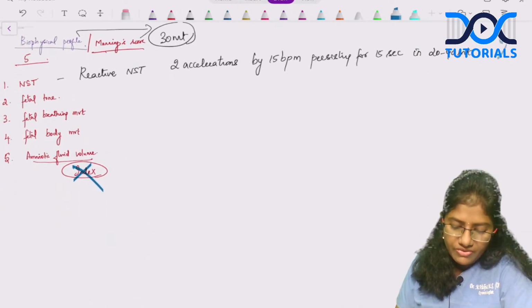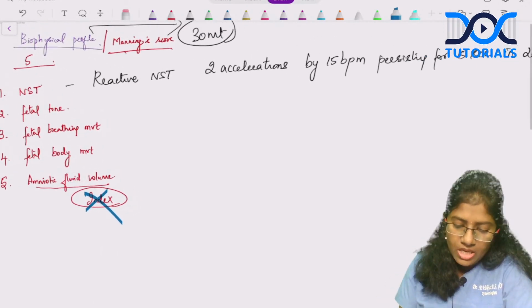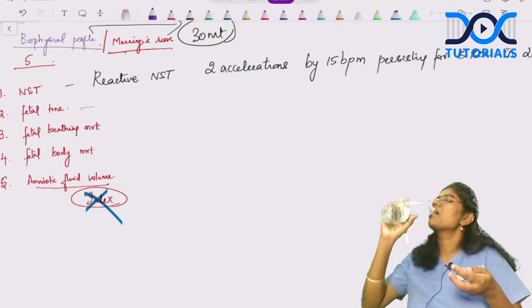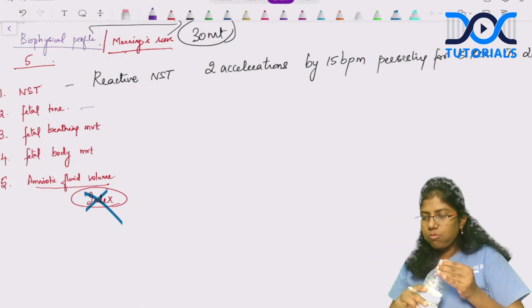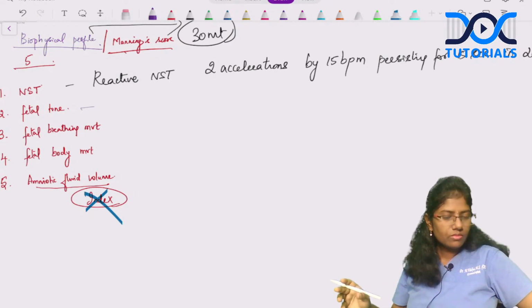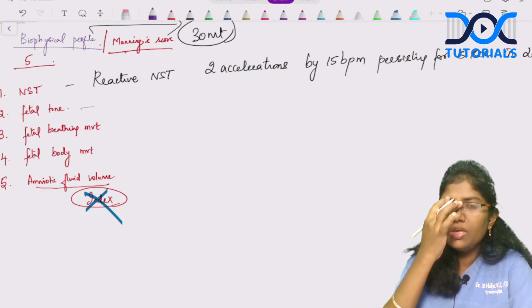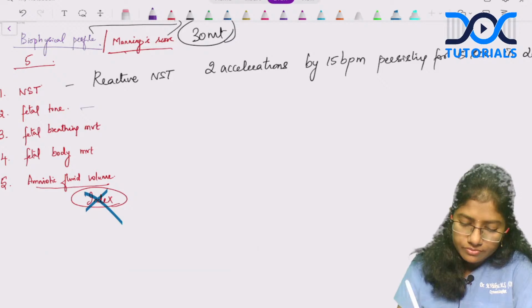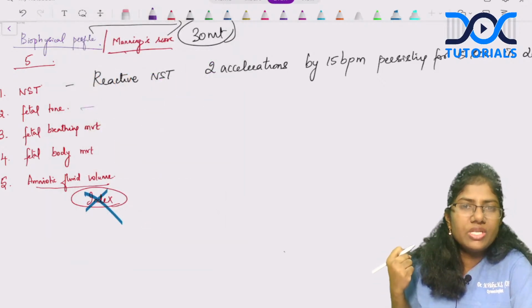Next comes fetal tone. How do we assess the fetal tone here? Anybody with a correct answer? Okay. Fetal tone is usually assessed by extension flexion movements. You all know the universal attitude is flexion attitude, right?